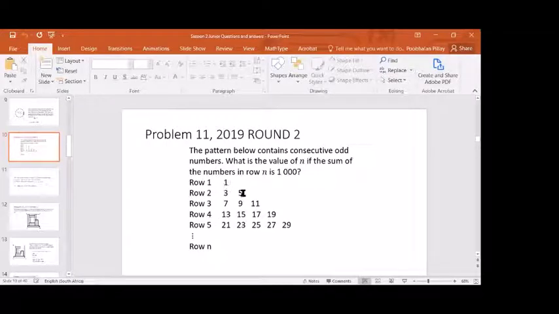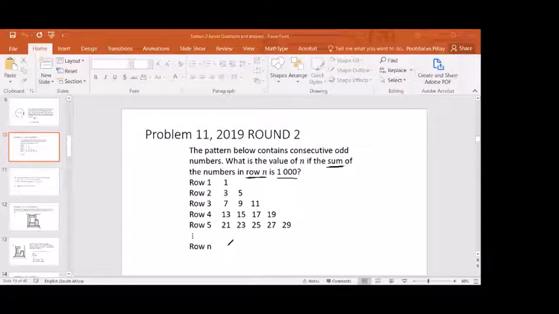You see 1, then 3, 5, and then the next one you put 3, the next 7, 9, 11. Then the next 4, and then the next 5. All right, so you got a way of constructing this thing. And the question is, what is the value of n if the sum of the numbers in row n is 1,000? So row n, we cannot see it here.